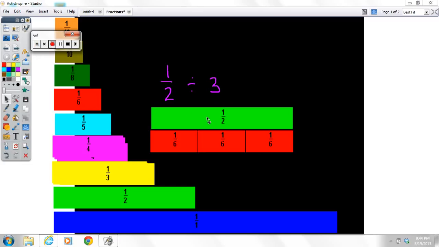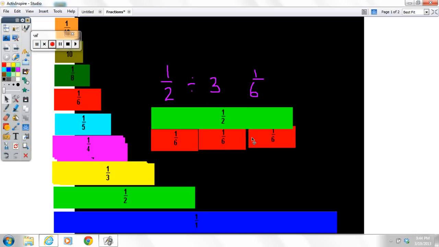So if I took this half and divided it equally by 3, I'm going to create 1/6 pieces. Each piece would be the size of 1/6 if I took the 1/2 and divided it into 3 equal parts.